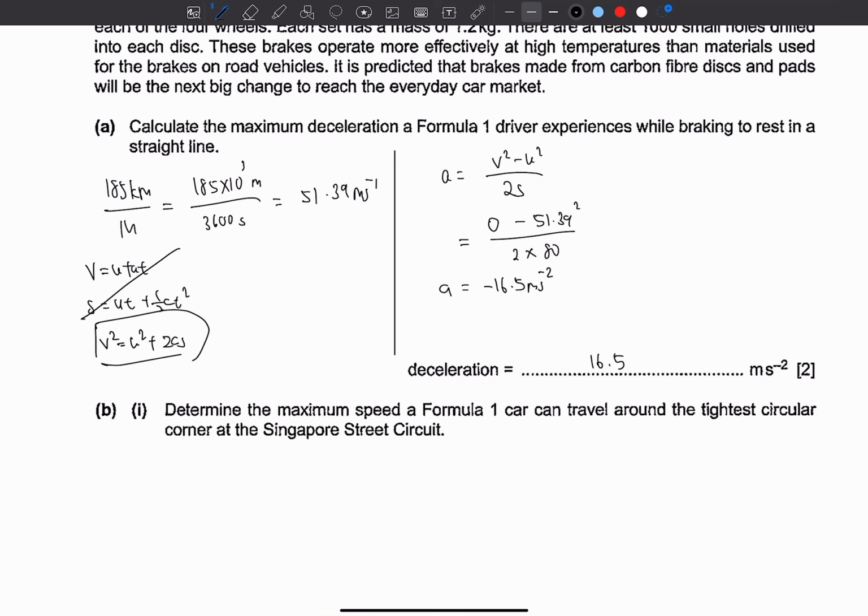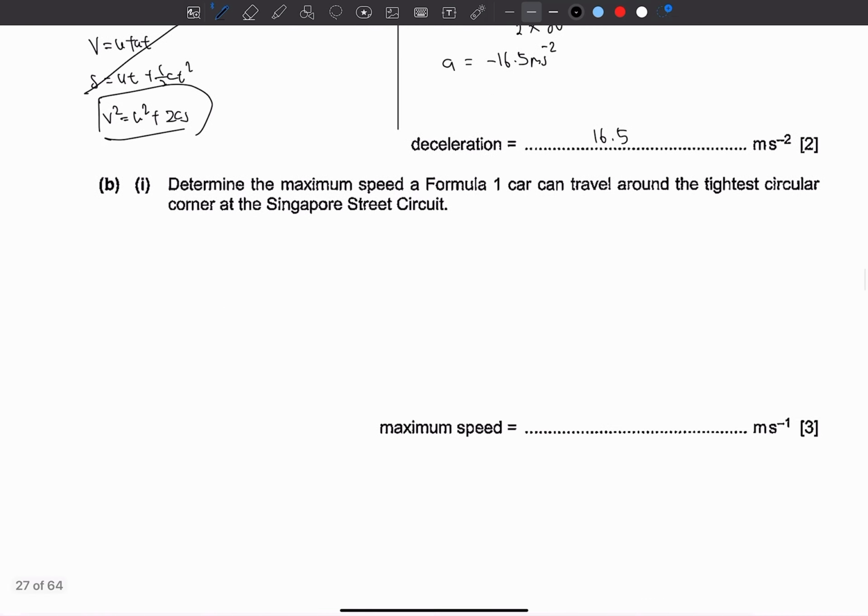So yeah. Next, determine the maximum speed a Formula One car can travel around the tightest circular corner at the Singapore Street Circuit. Okay, so once again, circular motion. You want to start off with the sentence of something providing for centripetal force.